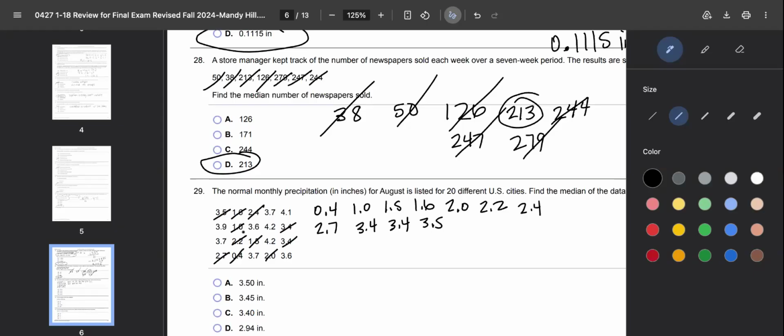See, gotta watch out. So we did 3.5, and we have 3.7s. So that would be the mode, listed the most. I see a 3.9. I see a 3.6 that I did not put. So let's back up.